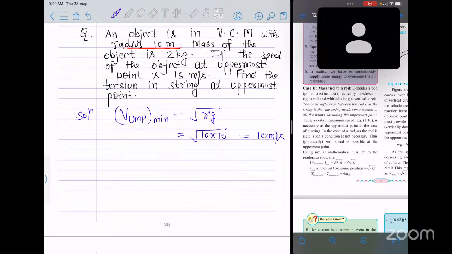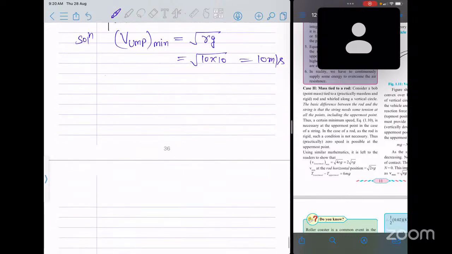So since speed v is 15 meter per second, which is greater than speed at uppermost point minimum, tension at uppermost point is not equal to 0. So it will be some finite value, and I am interested in that value.